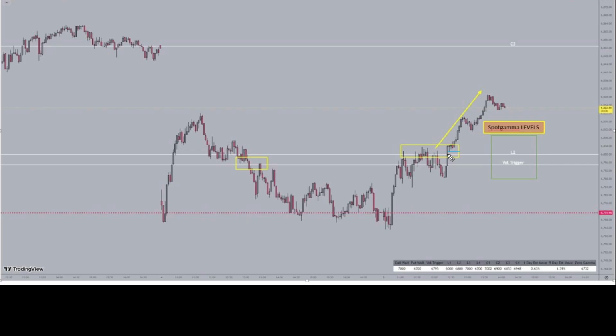Maybe we wanted the price to make a pullback to L2 or the volatility trigger and make a higher high and try to go long here. But price didn't do this.